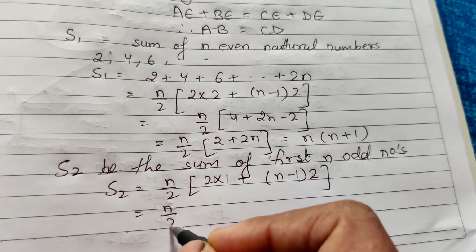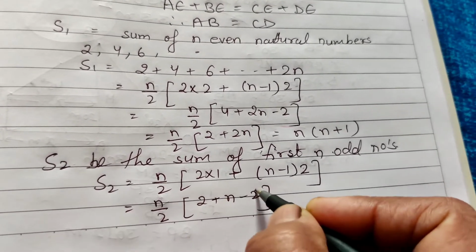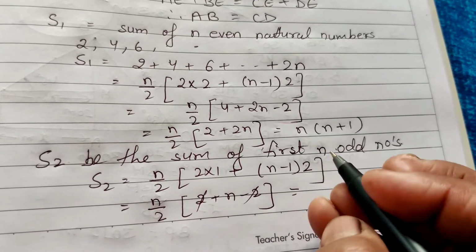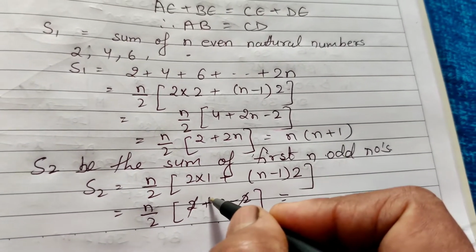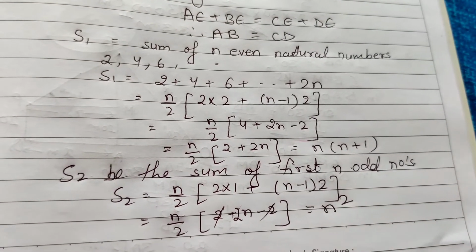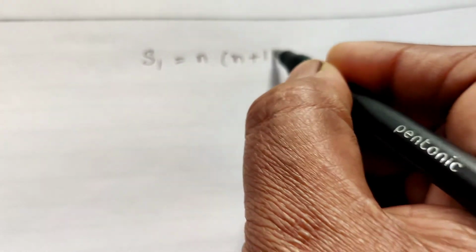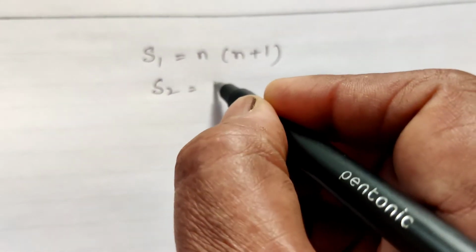We get n by 2 into 2 plus 2n minus 2. 2 cancel, it is n square. Now S1 is equal to n into n plus 1, and S2 is n square.